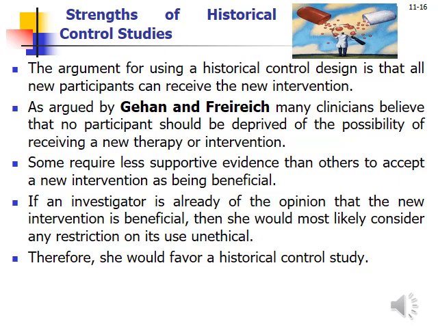Some require less supportive evidence than others to accept a new intervention as being beneficial. If an investigator is already of the opinion that the new intervention is beneficial, then she would most likely consider any restriction on its use unethical. Therefore, she would favor a historical control study.